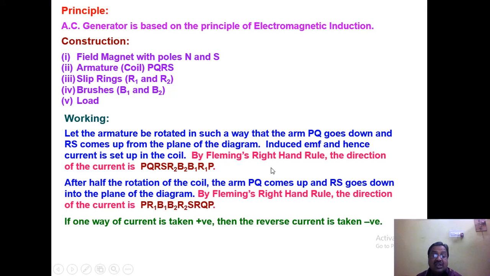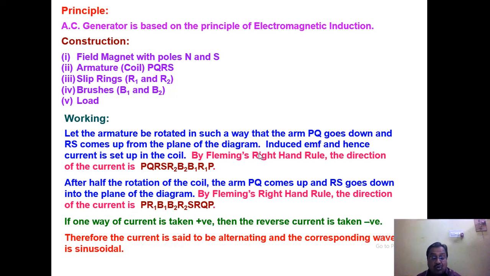If one direction of current is taken as positive, then the reverse current is taken as negative, and that direction of current can be found by applying Fleming's right hand rule. So the current is said to be alternating and the corresponding wave will be sinusoidal. So we may say an alternating current is flowing through it.